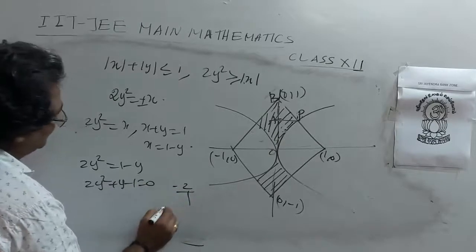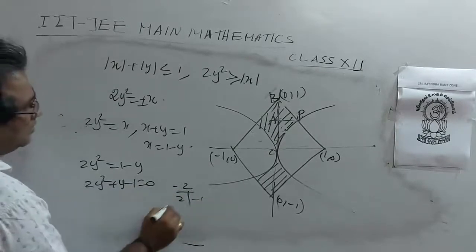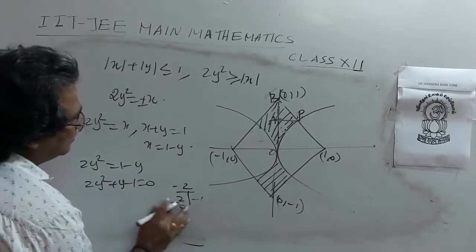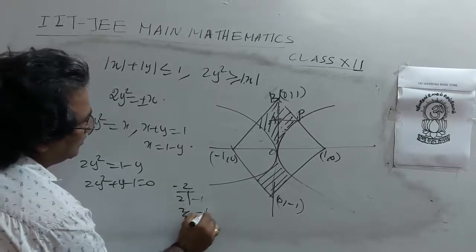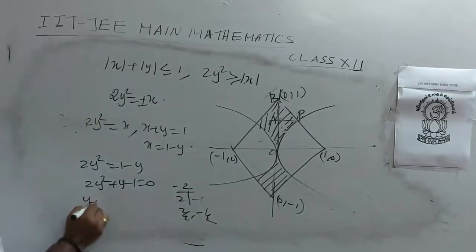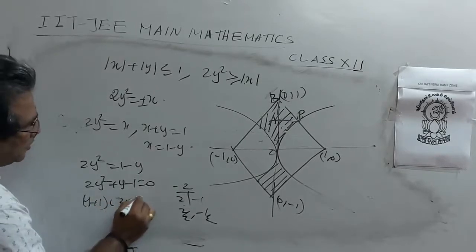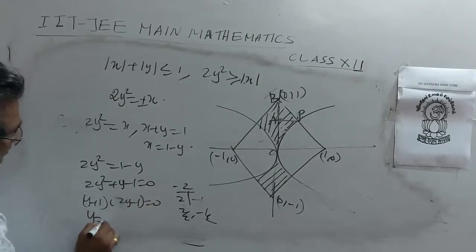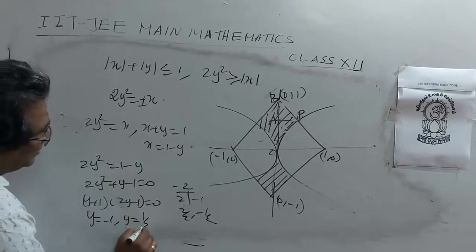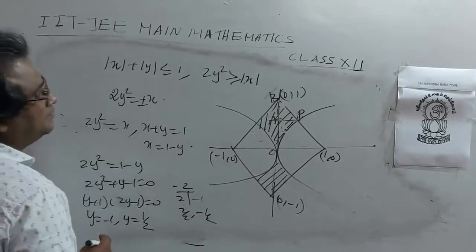Factorizing, (2y minus 1)(y plus 1) equal 0, y equal to minus 1, y equal to half.